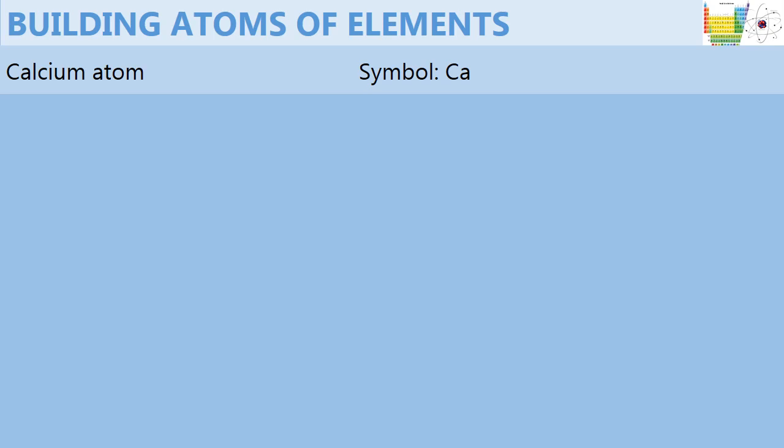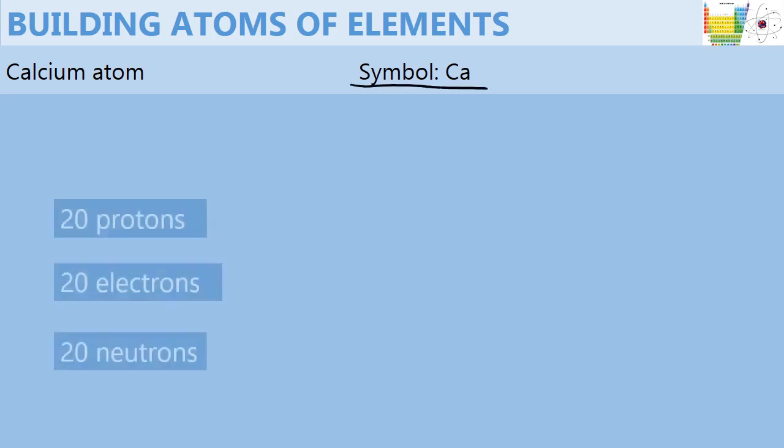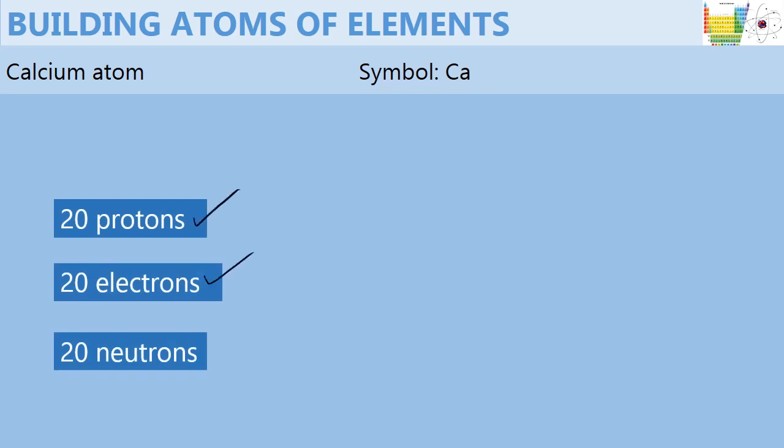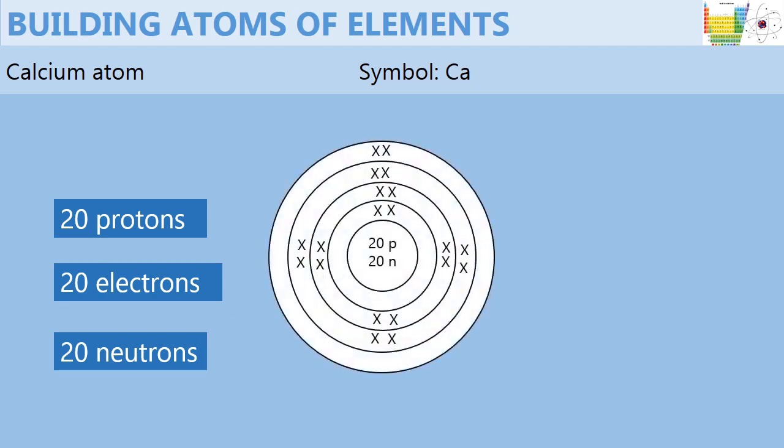For the calcium atom, represented by the symbol Ca, it contains 20 protons, 20 electrons, and 20 neutrons. The structure of the calcium atom is represented as follows.